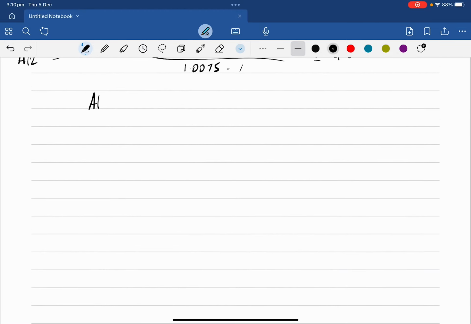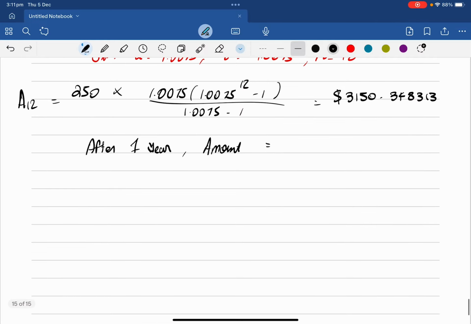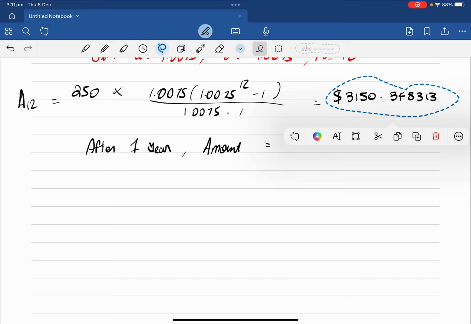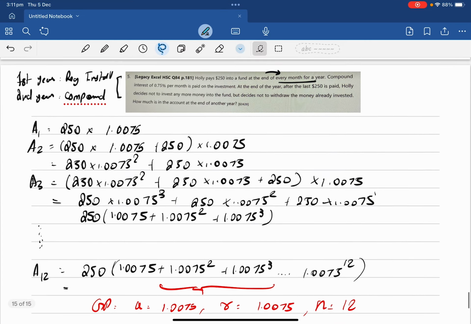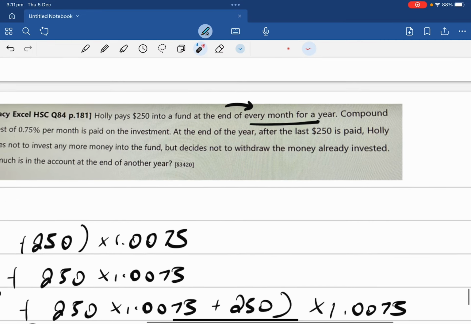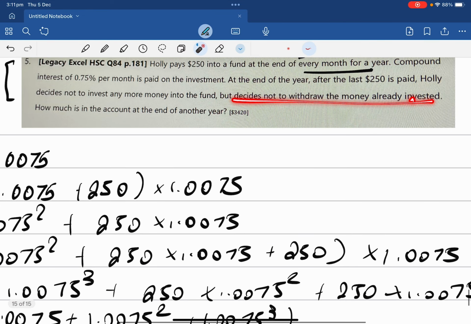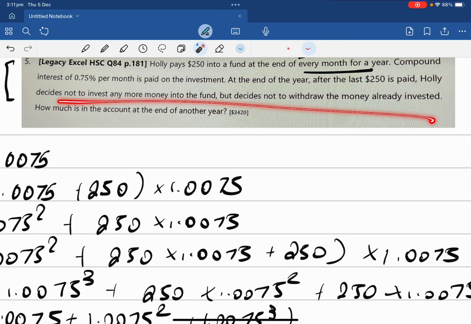So after 1 year, the amount is equal to this. That's not a final answer, because you've got to read the question properly. Look here, it says after that she does not add anything, she does not withdraw anything.